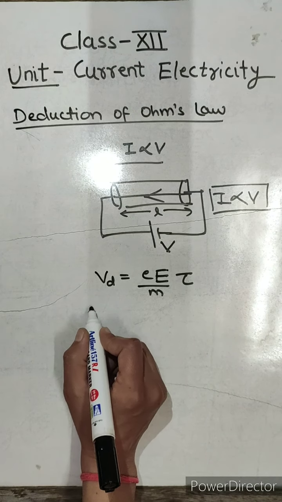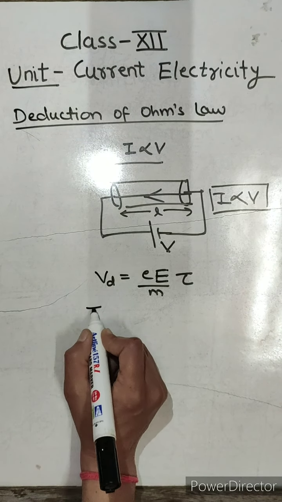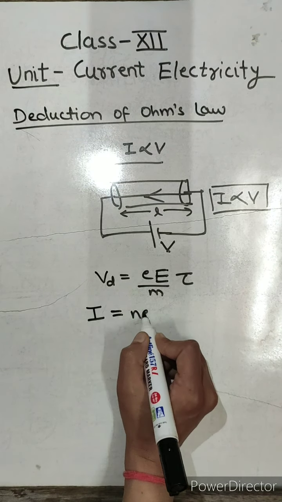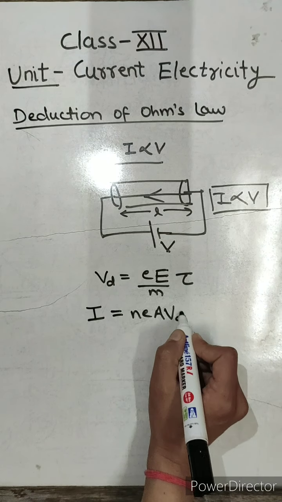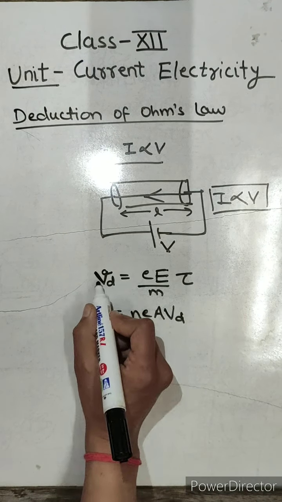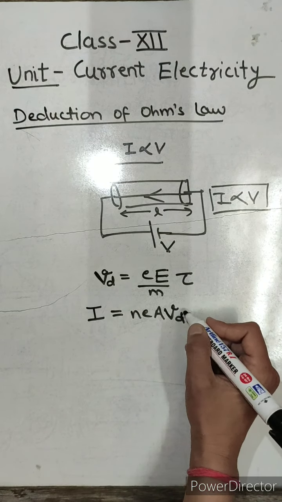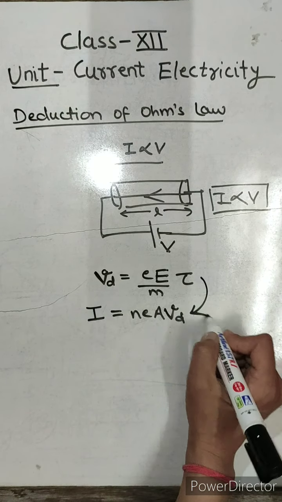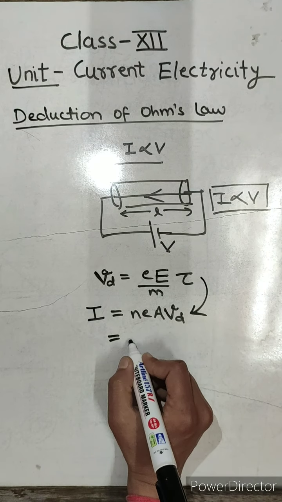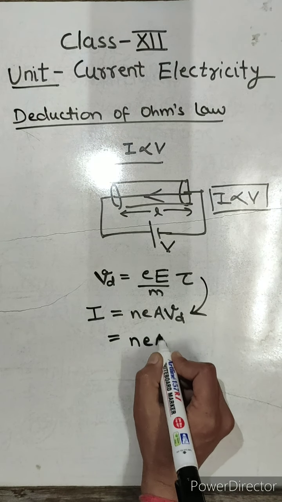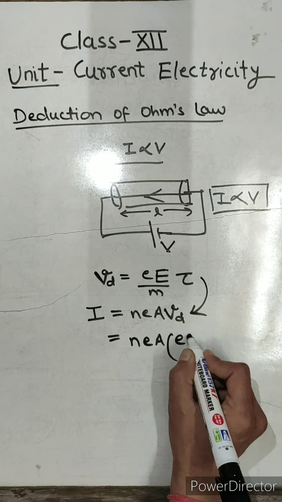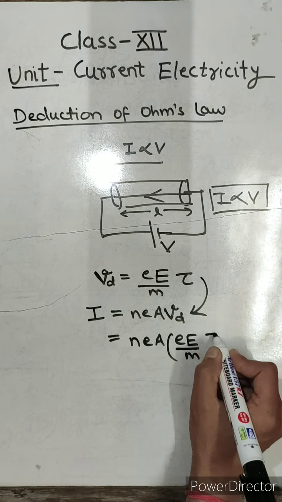One more equation we have derived now: I is equal to N e A Vd, where this Vd is the drift velocity. So now we will be putting the value of Vd from this equation to here. So it will be equal to N e A into small e into capital E upon m into tau.